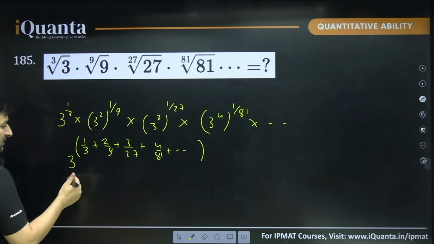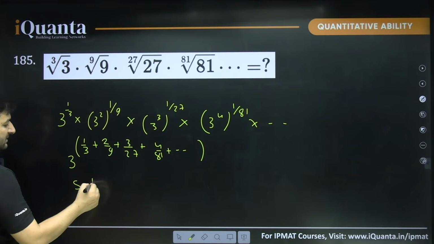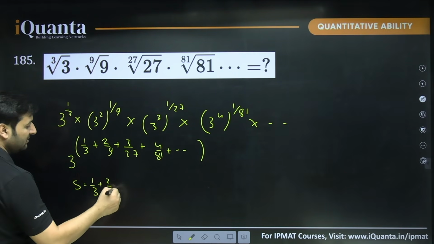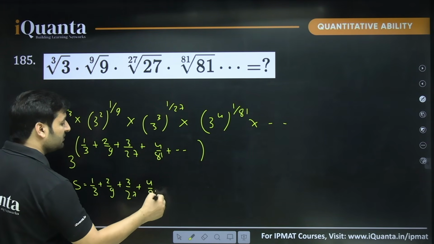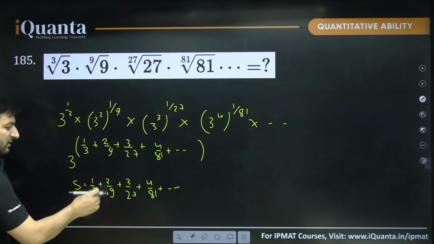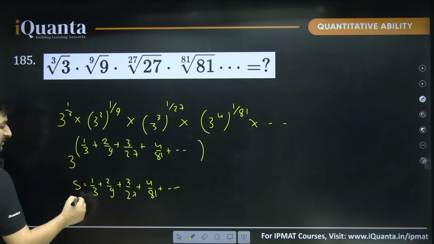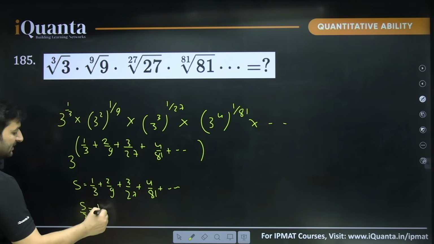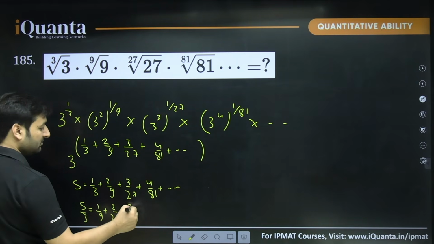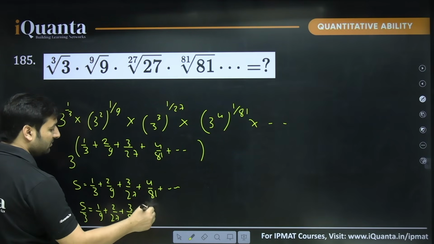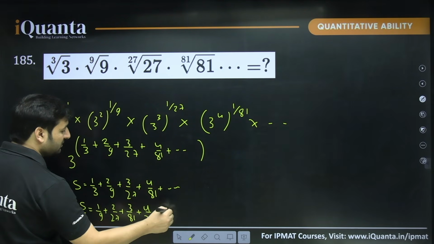Let me take the sum of this series as S. We usually do this only, yes or no? We assume the given sum as S. We know that the common ratio here in the denominator is 1 by 3. So, let me multiply the entire equation by 1 by 3, I will get S by 3. S by 3 will be 1 by 9 plus 2 by 27 plus 3 by 81 plus 4 by 243 and so on, so on, so on.